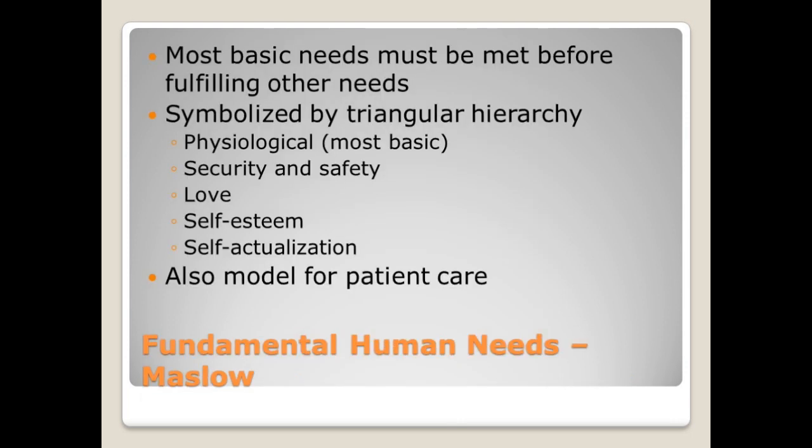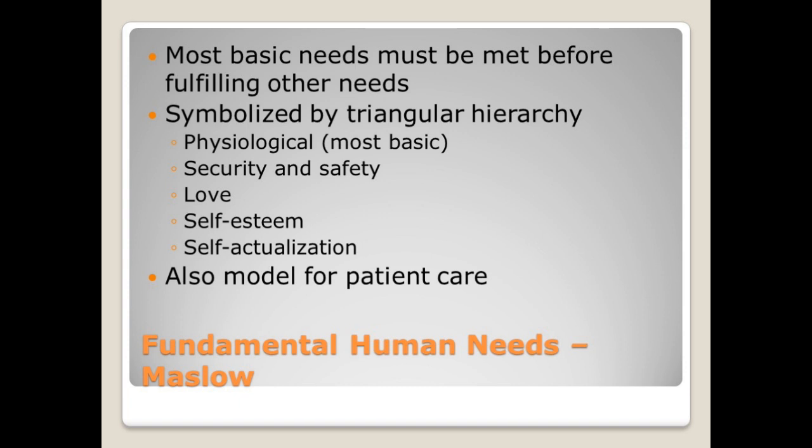Most basic needs must be met before fulfilling other needs. And this is why you see this triangle symbolized by triangular hierarchy: the physiological, followed by security and safety, love, self-esteem, self-actualization.